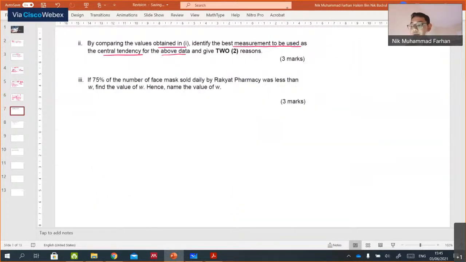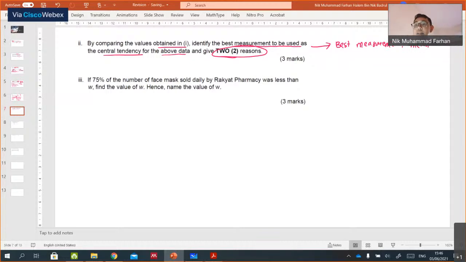Let me give the answer first. The best measurement for central tendency in this case is the mean. Why?